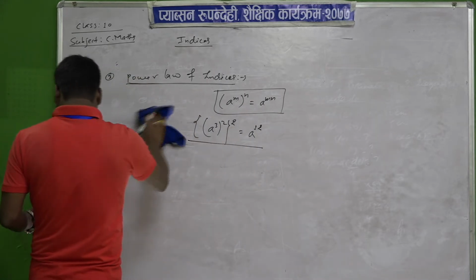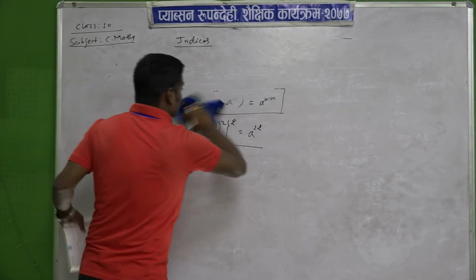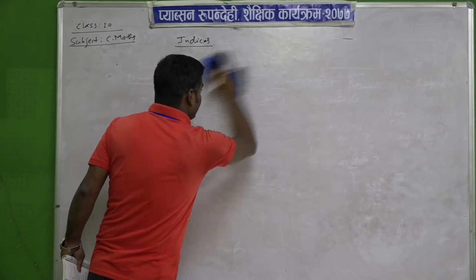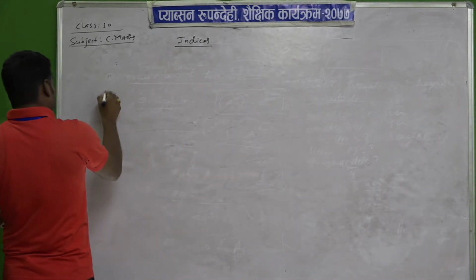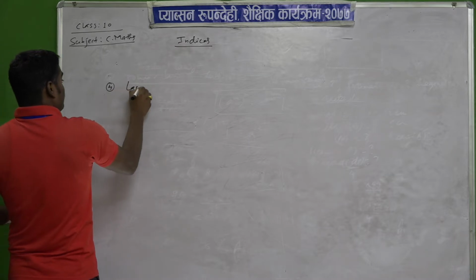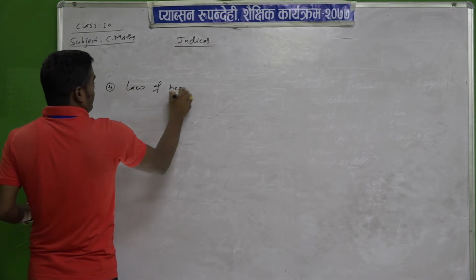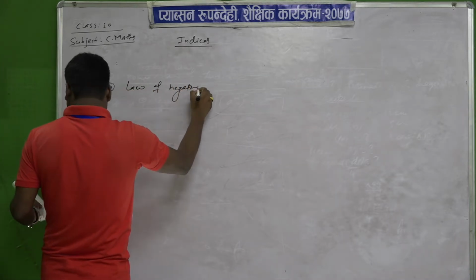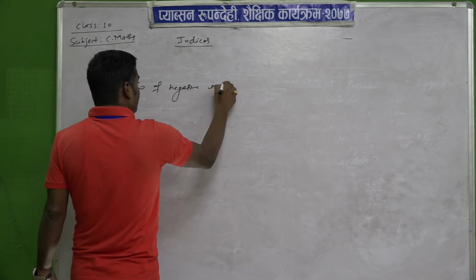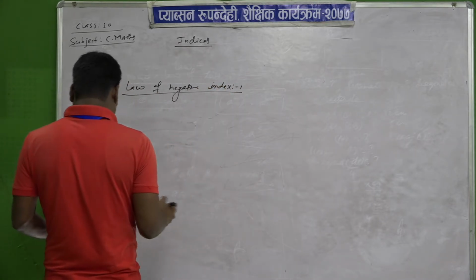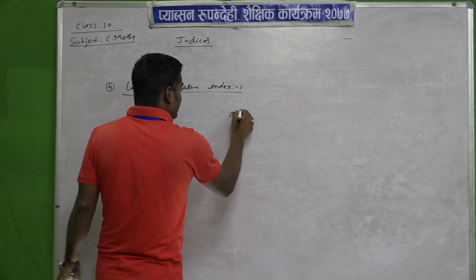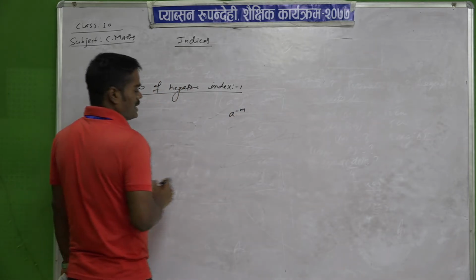And then next, law of negative index. Negative index means, suppose here a power minus m.